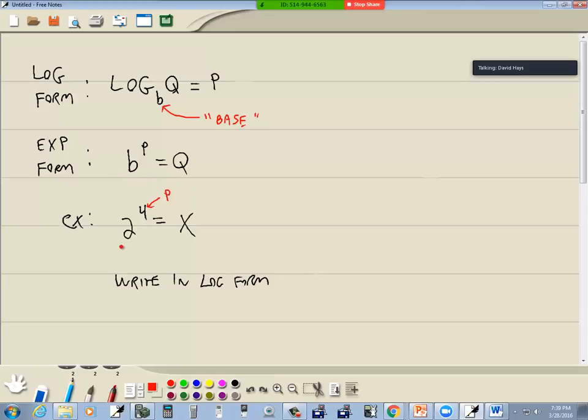What's immediately left of it is b, so the 2 is b. And then the other side of the equals is your q. Now our log form is log base b of q is equal to p. So I just plug in what is identified. b we said was 2. q we said was x. And p is 4. And that would be our answer.